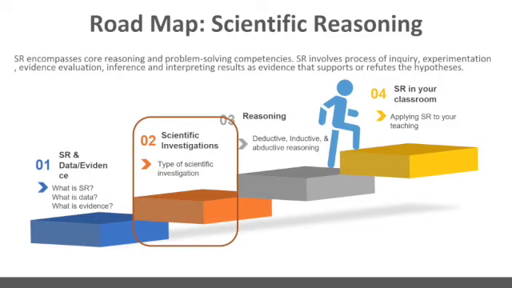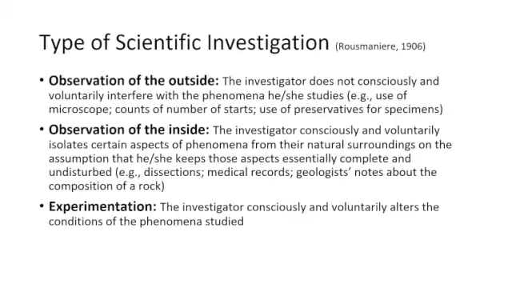Module 2 is divided into 2 parts. In the first part, we will focus on making observations in a scientific investigation. Have you thought about the differences between making an observation and conducting experimentation? There are different types of observation.